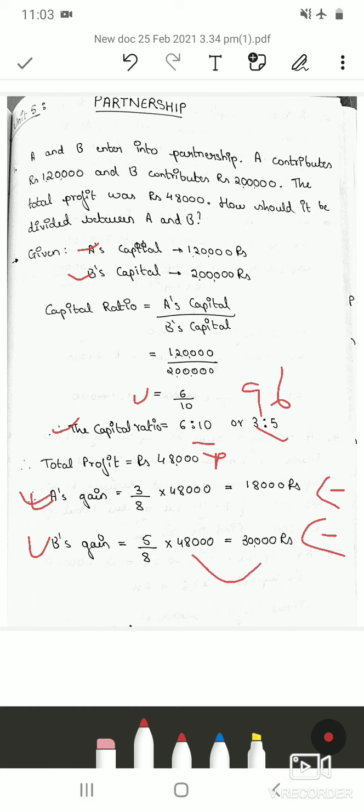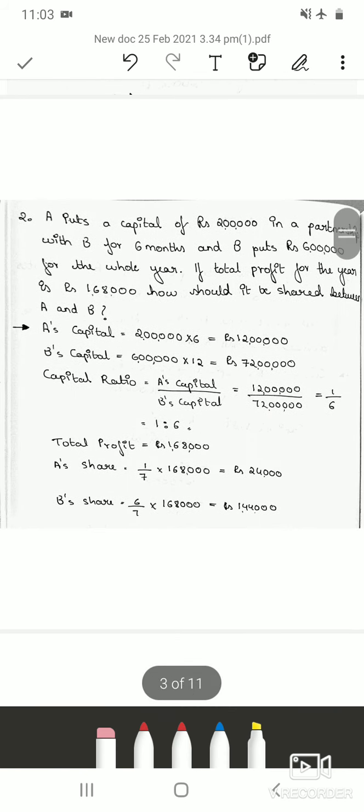When you add this, you will get back to the total profit of A and B. So what you have to do, first find the capital ratios. Then once you get the ratio, we can easily divide the amount between the partners. So let us see the next problem.